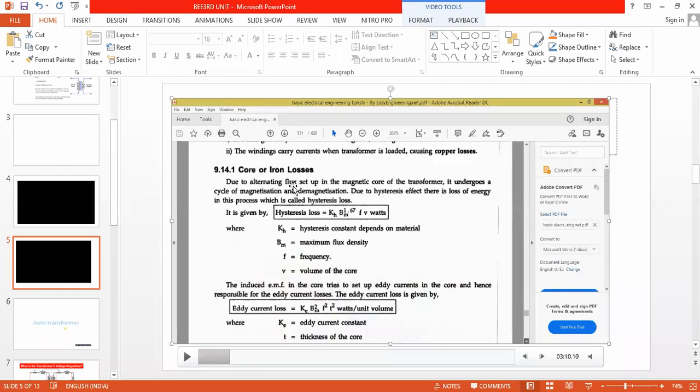So due to alternating flux set up in the magnetic core, in the rectangular iron frame, it undergoes cycles of magnetization, means increase in the magnetic field and decrease in the magnetic field, called the hysteresis loss. So whenever magnetic energy is increasing and decreasing during positive and negative cycle, energy loss is created, which is called hysteresis loss. We cannot see the hysteresis loss, but we can measure it.